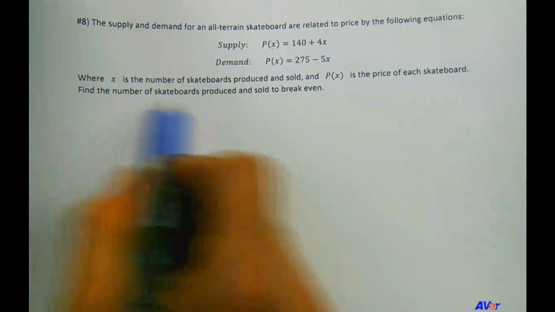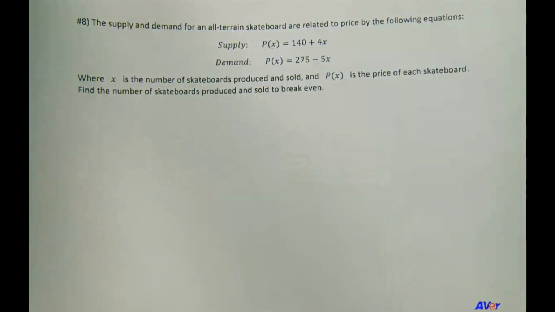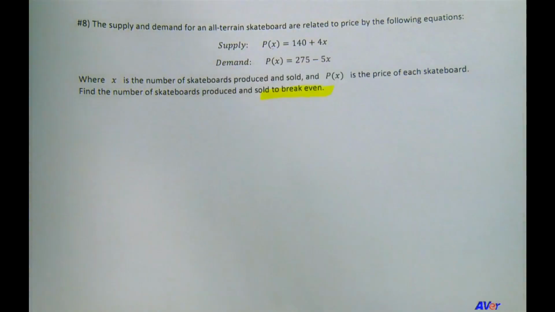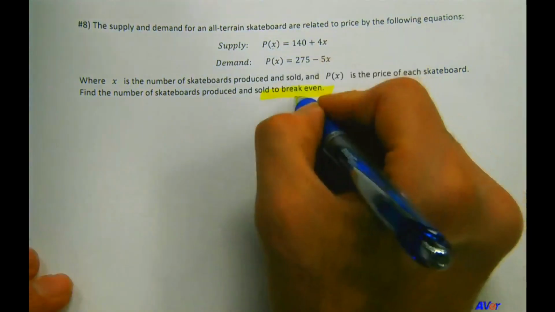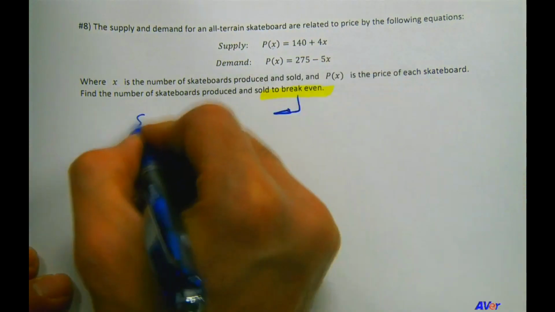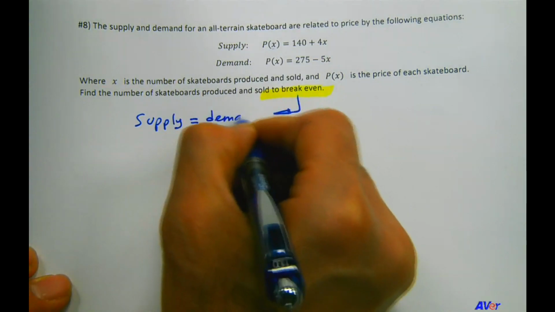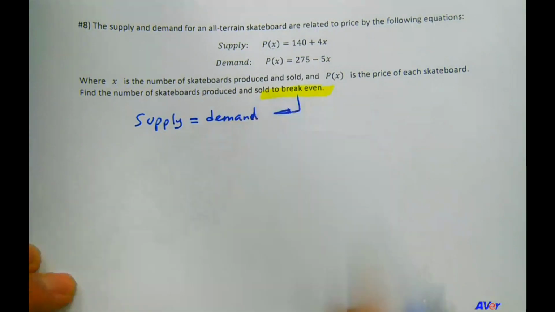Find the number of skateboards produced and sold to break even. Again, at break even, the supply and demand are equal. The supply and demand equations are equal to each other.